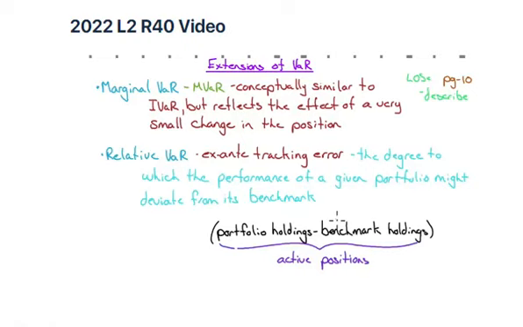So in your portfolio, let's say you were long 1,000 shares of SPY, but the benchmark was only long 900 shares of SPY. The imagined portfolio would be long 100 shares of SPY, because all of the benchmark holdings enter as a short position. So what's left, this 100 SPY, is called an active position because it's a deviation from the benchmark. So relative VaR is really more of an active VaR.